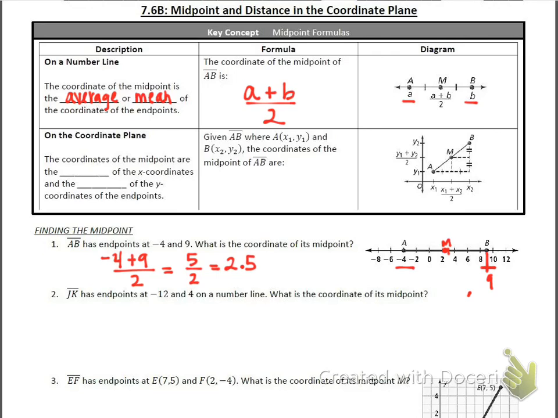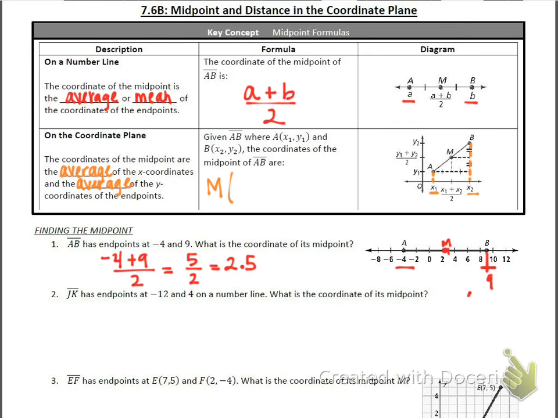So the coordinates of the midpoint, if we're looking at a segment that's on the coordinate plane, is the average of the x-coordinates and the average of the y-coordinates. So just like when we were talking about the distance formula, the x-coordinate of your first point is going to be x1, and the x-coordinate of your second point is going to be x2.